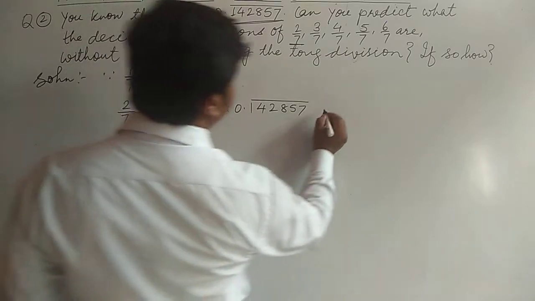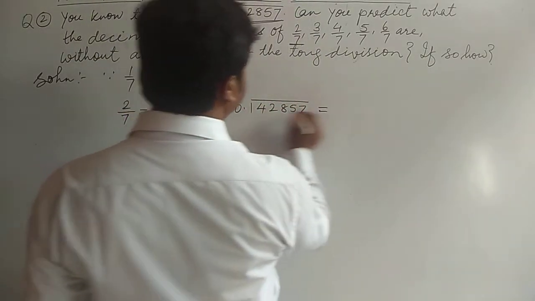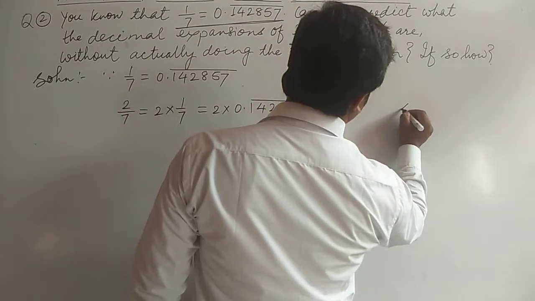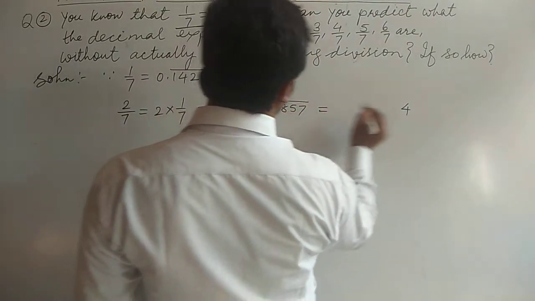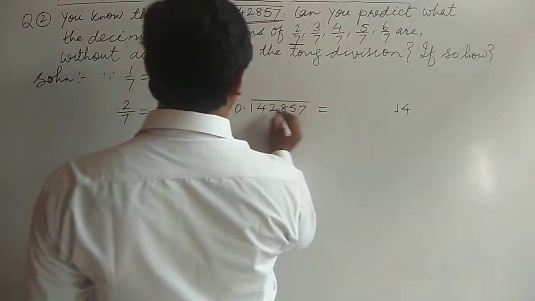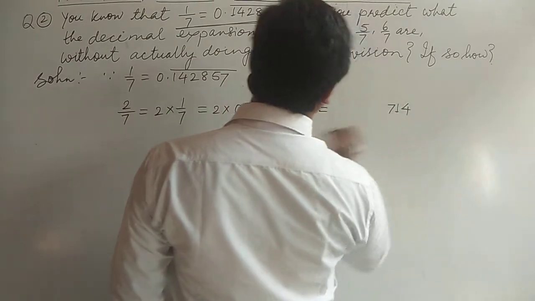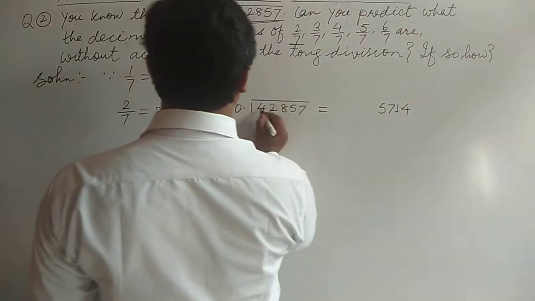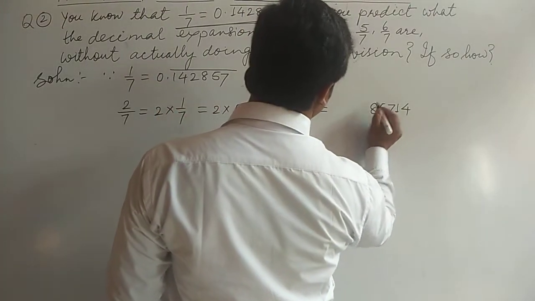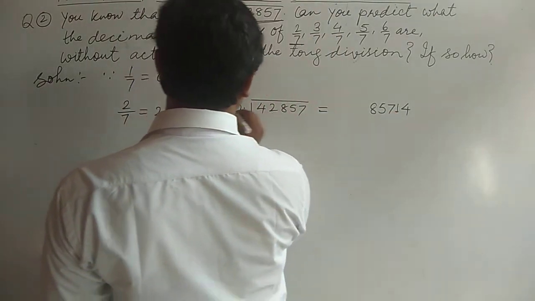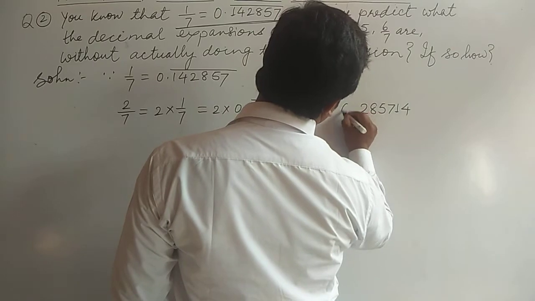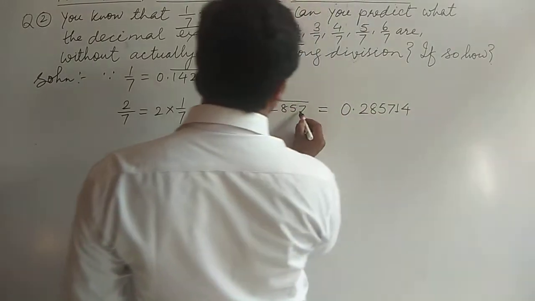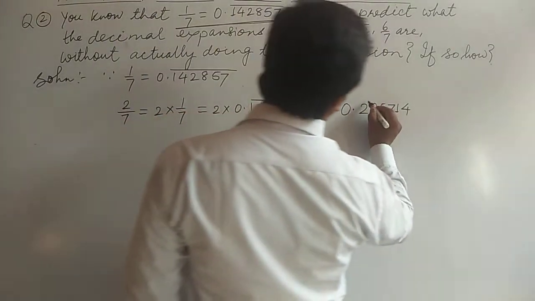So what will be the value? 7 times 2 is 14, 5 times 2 is 10, plus 1 is 11, 8 times 2 is 16, plus 1 is 17, 2 times 2 is 4, plus 1 is 5, 4 times 2 is 8, and 1 times 2 is 2, giving 0.285714.